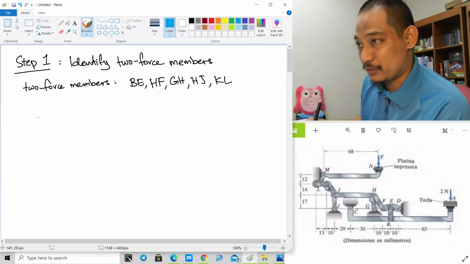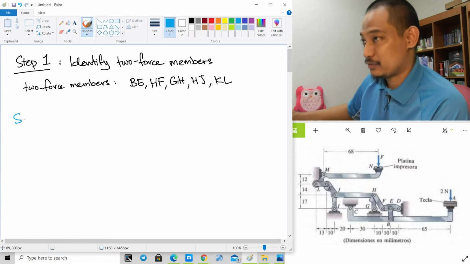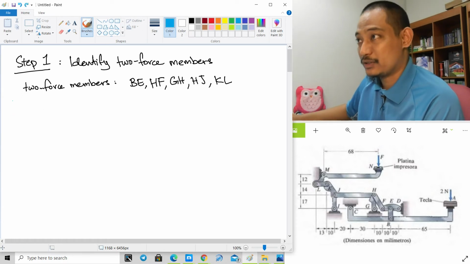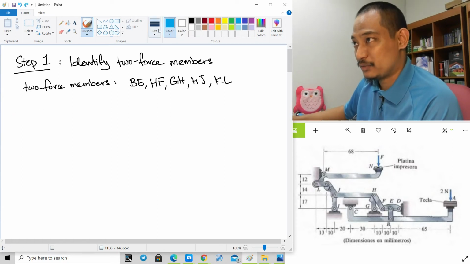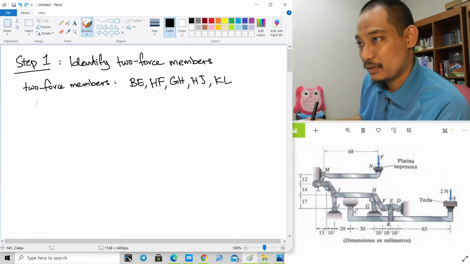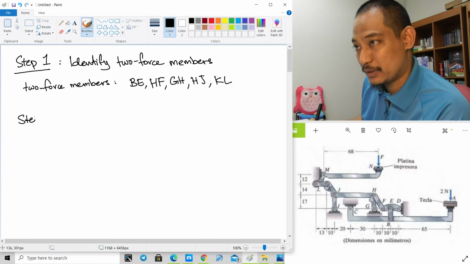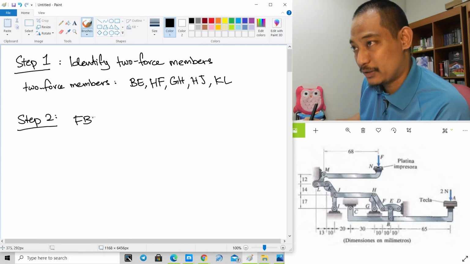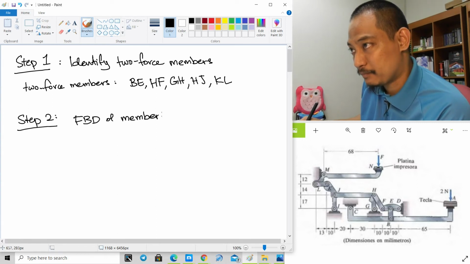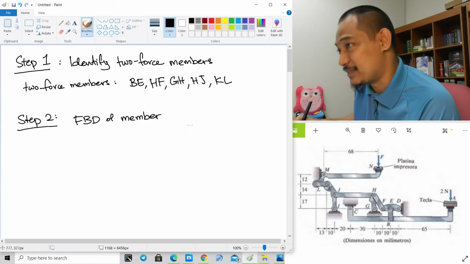So if we draw, step 2, let's use, should I continue to use just black? Is it better like that? So step 2, free body diagram of member ABC.